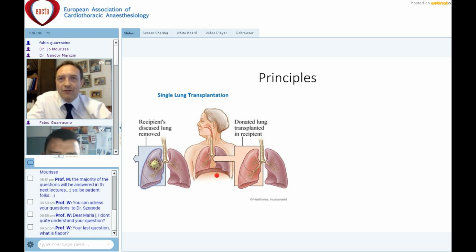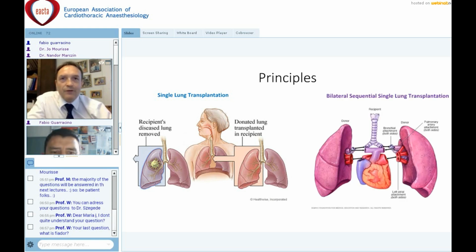However, many patients require bilateral transplantation, whereby a single lung transplantation completed on one side is followed by isolation of the second native lung, pneumonectomy, and implantation of the second allograft.